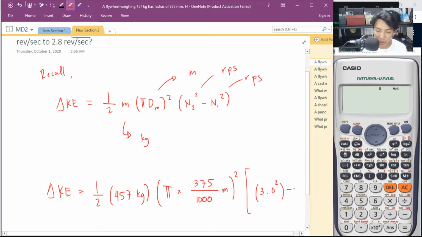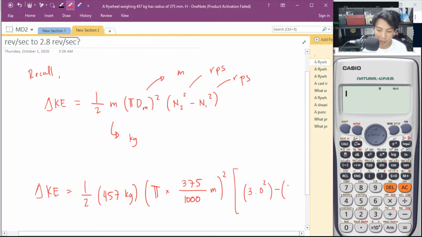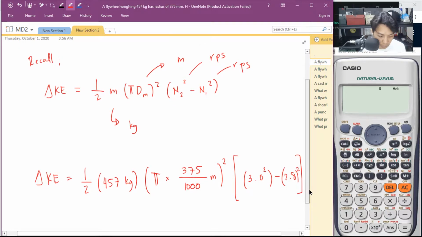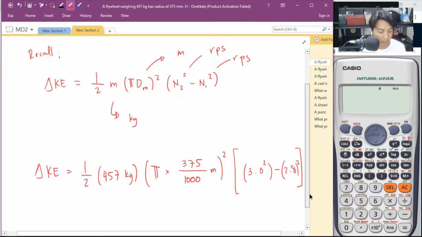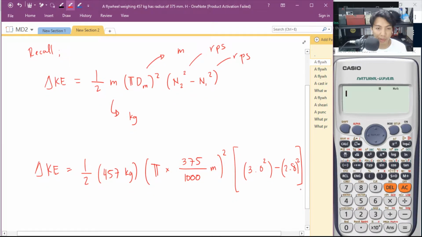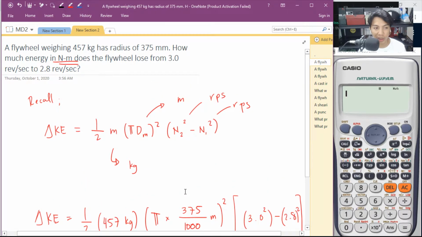3.0 minus 2.8 squared. Hindi natin kailangan lagyan ng unit yan. So, kilogram. Ano to? Kilogram force or kilogram lang siya? So, meron tayong kulang dito. Dapat dito naka-weight. Weighing 457 kilograms.